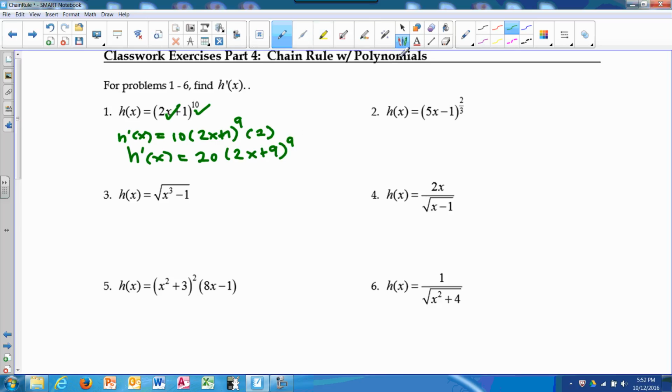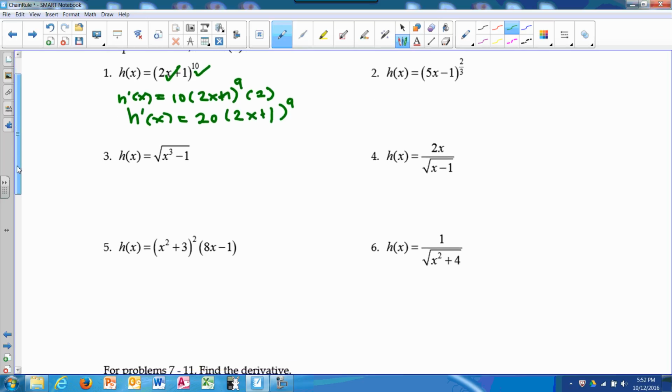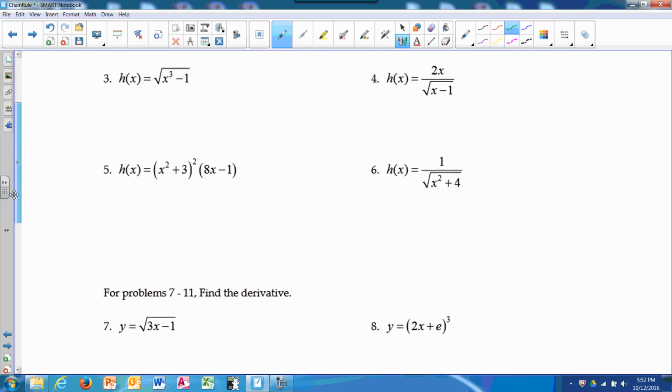So my derivative is 20 times 2x plus 9 raised to the 9. Sorry, 2x plus 1. Got a little excited about the 9. 2x plus 1 raised to the 9. I'm going to skip 2. You can try that one on your own and check your answer on the answer key that's posted.